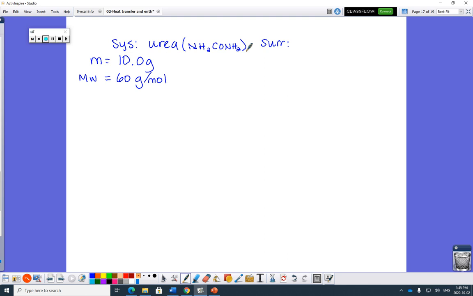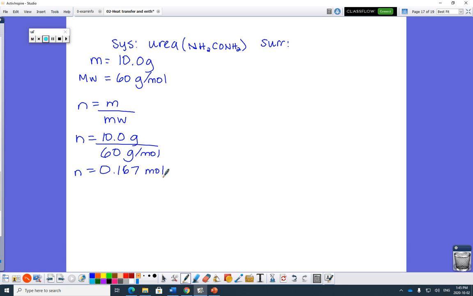Or you can just go in order: 1 nitrogen plus 2 hydrogens plus carbon plus oxygen. CONH2.